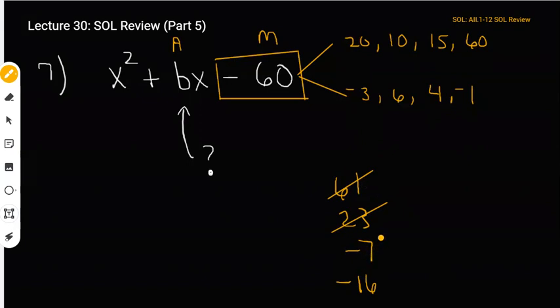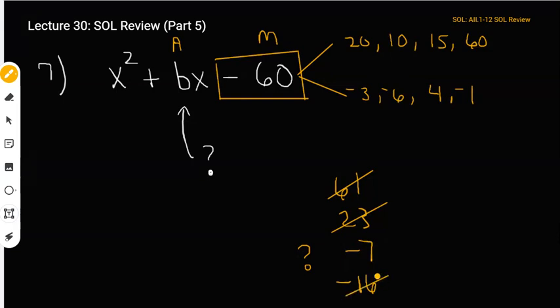Can we add up to a negative 7? Maybe we could, so I'll put a question mark beside that. And negative 16, is there any way we can add up to that? Only if both the 10 and the 6 are negative, but only one of these can be negative. And if we put it on the 6 or the 10, there's no way we can add up to negative 16.